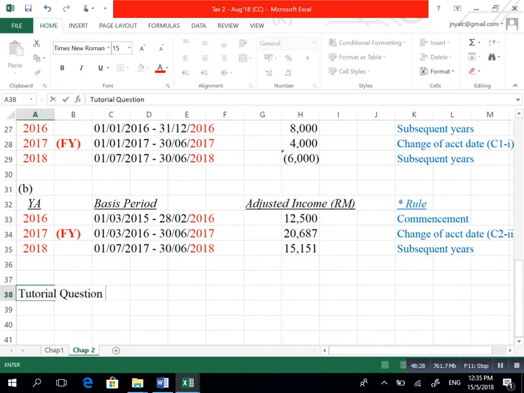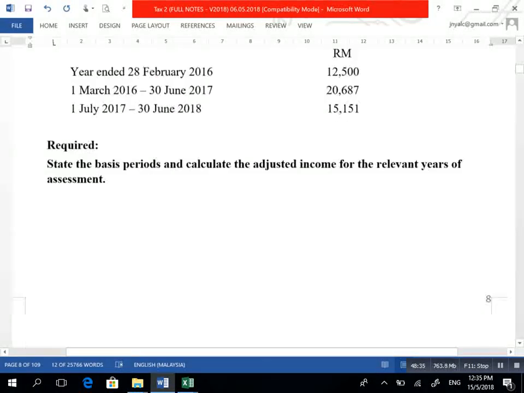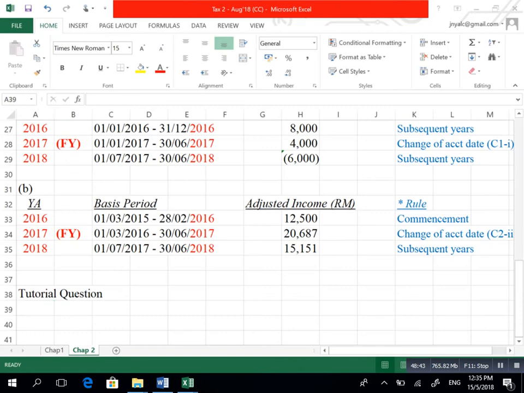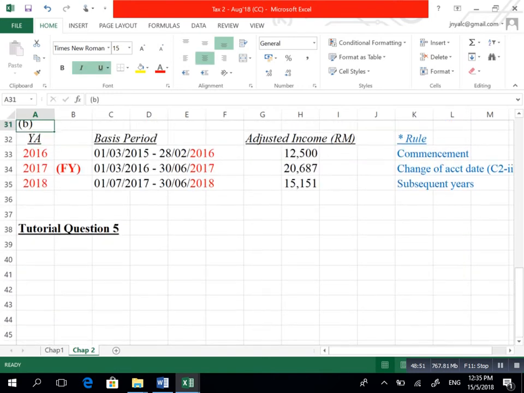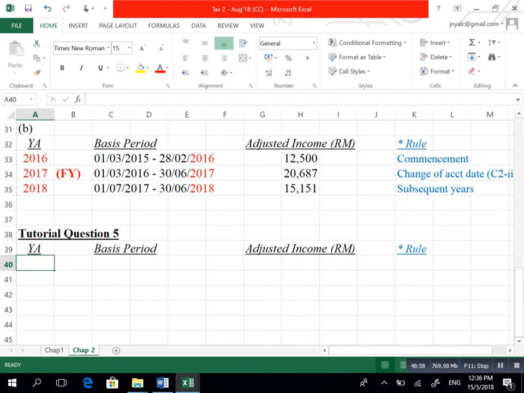Let's try question 5. Now this company's accounts are normally prepared to the date of November, so this is the normal accounting date.